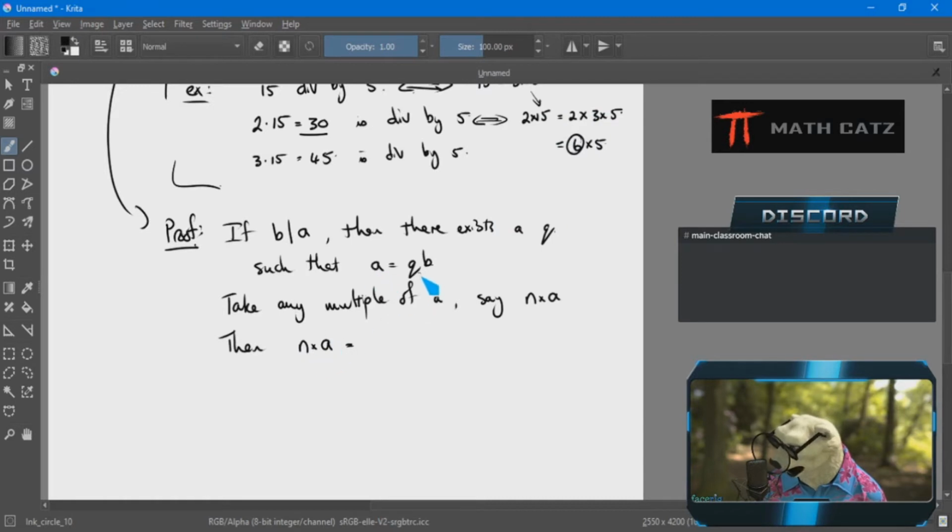By replacing A with its more detailed Q times B, I have N times Q times B. So there exists a number, not Q, but something else, so that when I multiply it by B, I get the larger number I wanted to divide into. So B divides into N times A. And technically that is done.